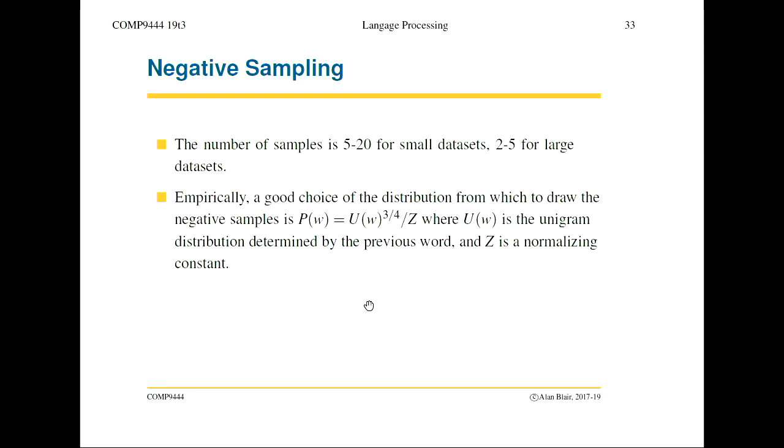And rather than just taking the overall probability, they use a unigram distribution based on the previous word. So they train a unigram model. They say, okay, based on the previous word, what words are likely to occur after that word? And then they choose it with this probability. So a lot of it's just these little hacks and little details that people figure out by trying out different things.